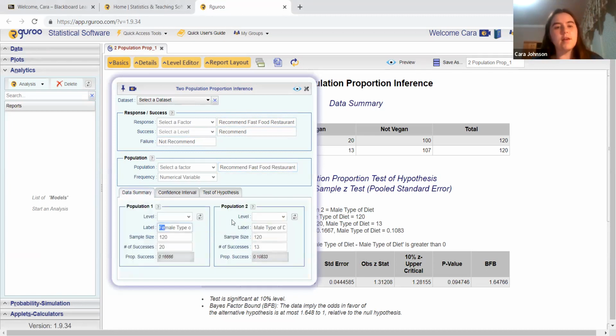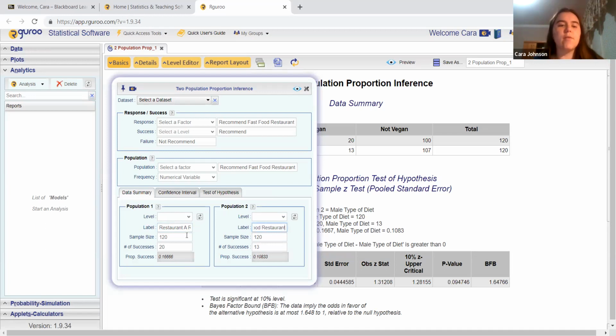All right, and then our label for, so we have restaurant A and we have restaurant B. So our variable for the first population would be restaurant A, recommend fast food restaurant, and then restaurant B, recommend fast food restaurant.